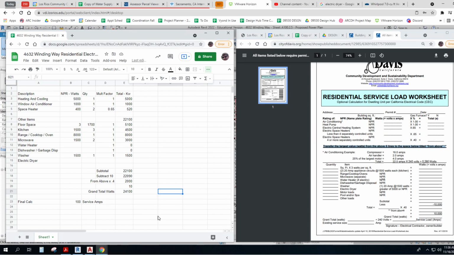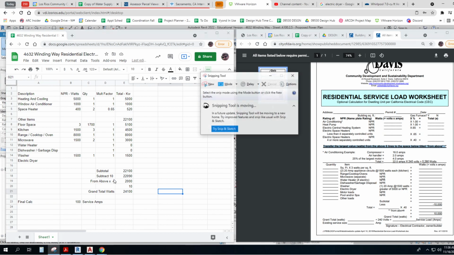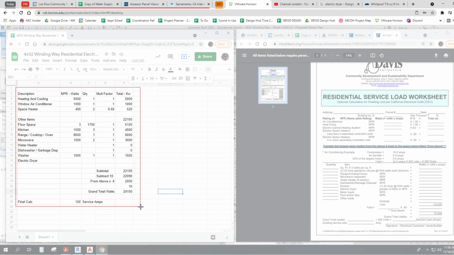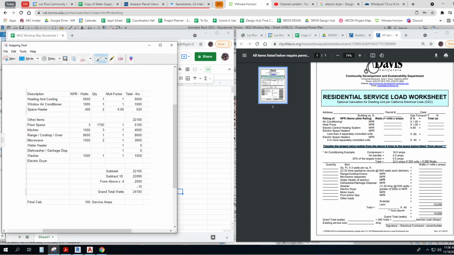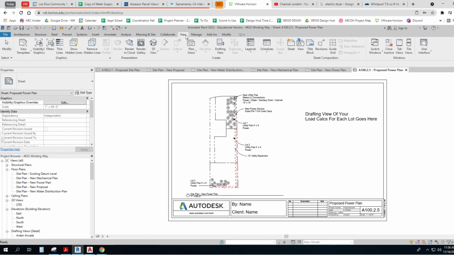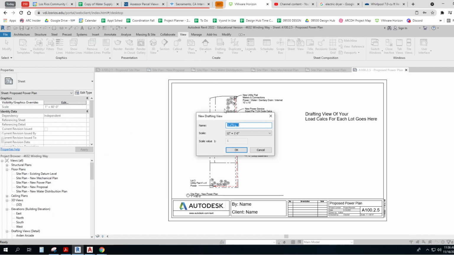So I know a few ways to put this into my work. Go back to my Revit. And what will I need up here? I'll need a new detail view, drafting view.